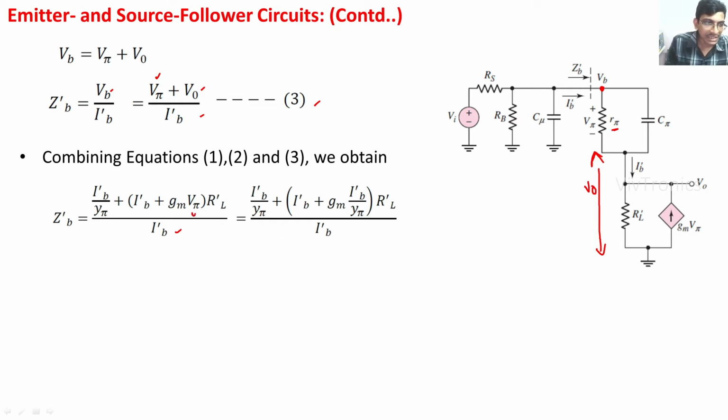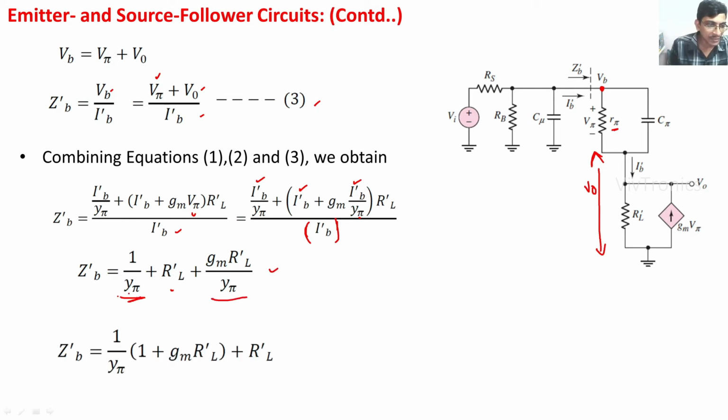The V pi can be replaced as IB dash by Y pi. In this numerator IB dash is common in the 3 terms, so we can take out IB dash and cancel it with the denominator IB dash current. Therefore ZB dash will be equal to 1 by Y pi plus RL dash plus GM RL dash divided by Y pi. That is the ZB dash equation.